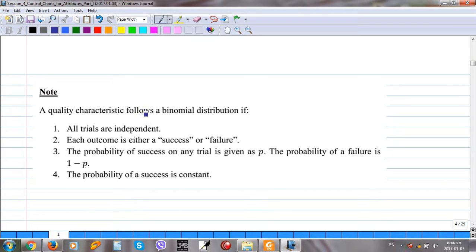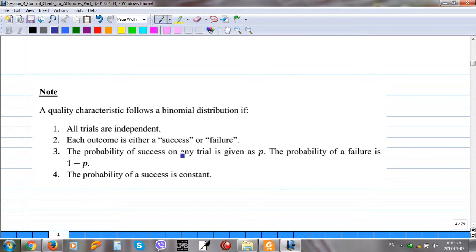A quality characteristic follows a binomial distribution if all trials are independent and each outcome is either success or failure.